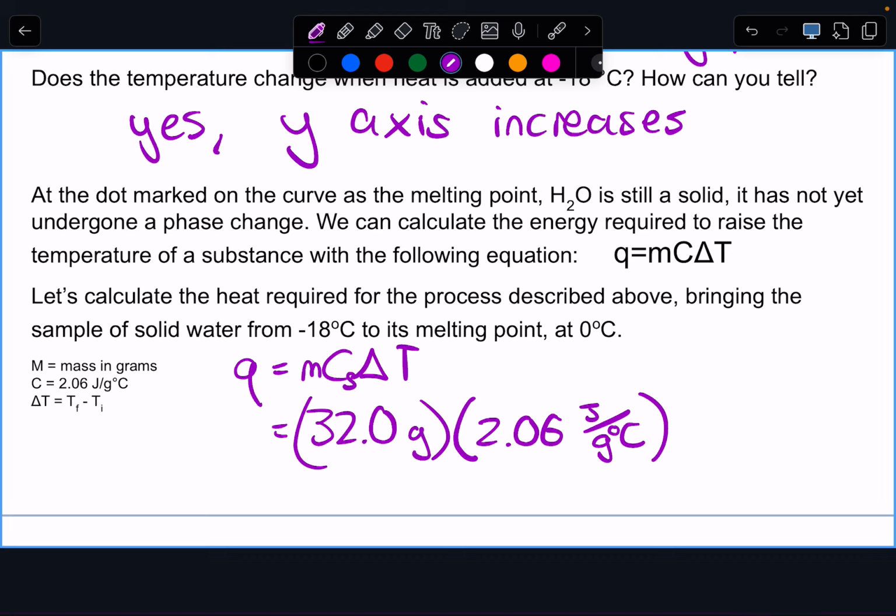I'm just going to stop at the ones place. It was dumb because I just put 0, so there are no good sig figs here. So we'll just go with 1,187 joules for this particular process. So it's just that first segment of the curve, that sloped line.